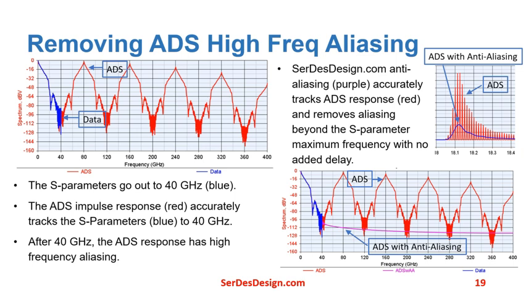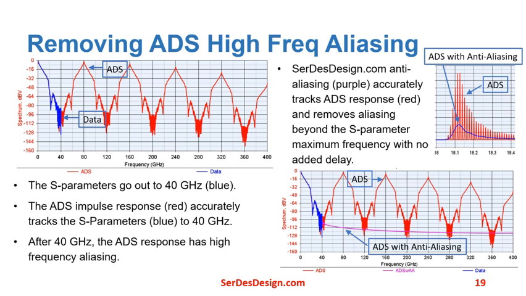Removing ADS high frequency aliasing. In this example, the S parameters go out to 40 gigahertz, the blue curve in the upper left graph. The ADS channel impulse response in the frequency domain, red curve in the upper left graph, accurately tracks the S parameters to 40 gigahertz. After 40 gigahertz, the ADS channel impulse response has high frequency aliasing.